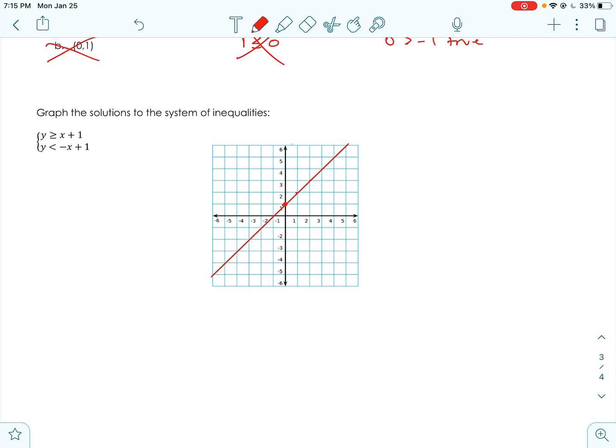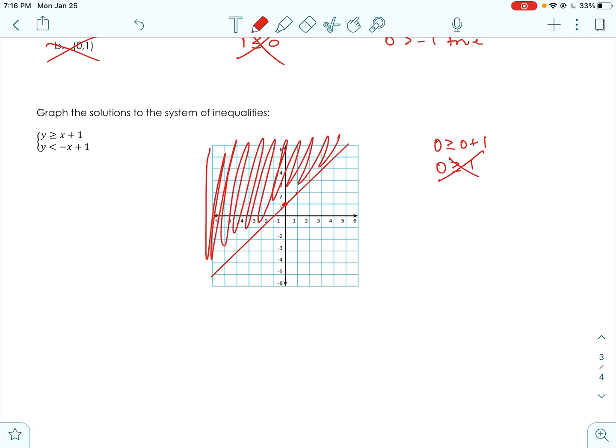It is going to be a solid line because it is greater than or equal to. And then to figure out which side we shade on, we can test the point (0, 0). 0 is greater than or equal to 0 plus 1, so 0 is greater than or equal to 1. That is false. That means (0, 0) is not in our solution. Therefore, we're going to shade up here.